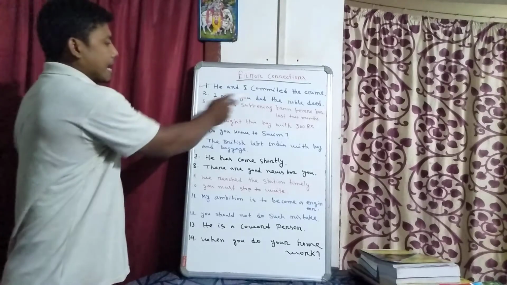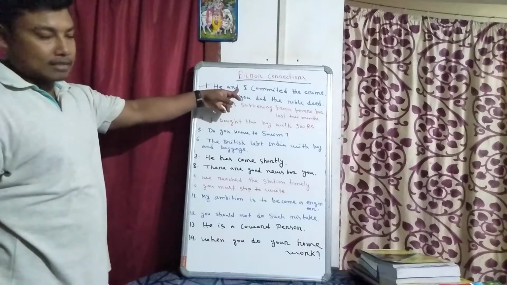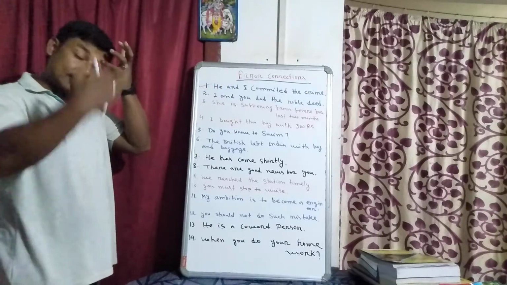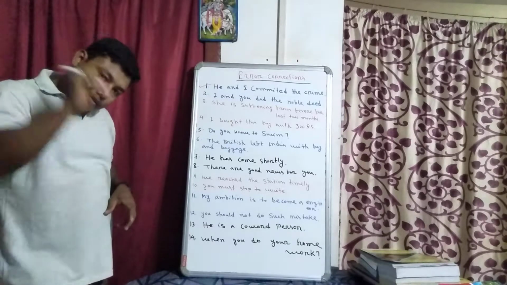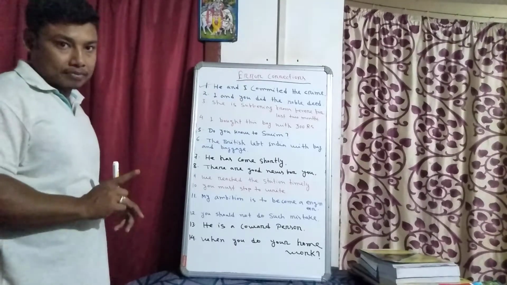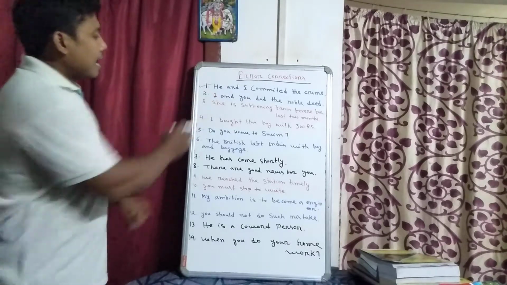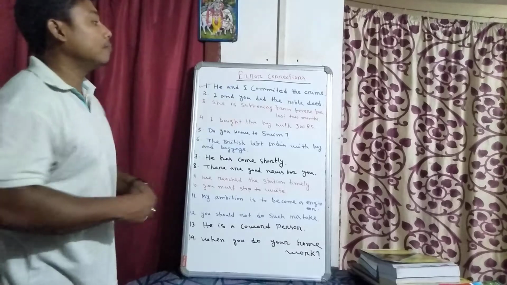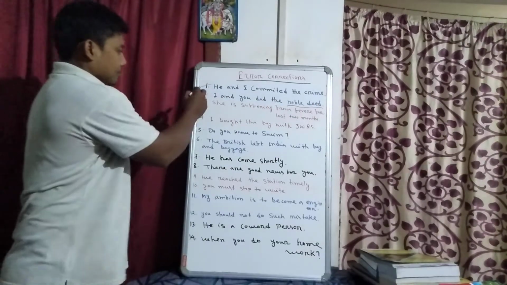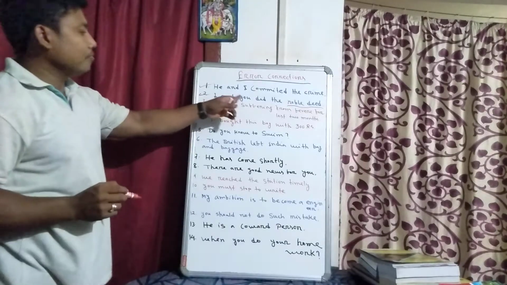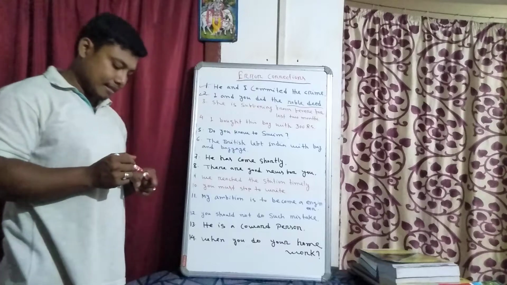Next one, I and you did the noble deed. This is opposite from that, because when we have done some noble deed, some good job, first of all you have to mention the other's name, then your name later. Noble deed means great job or good job. So what will be the correct form? You and I did the noble deed.